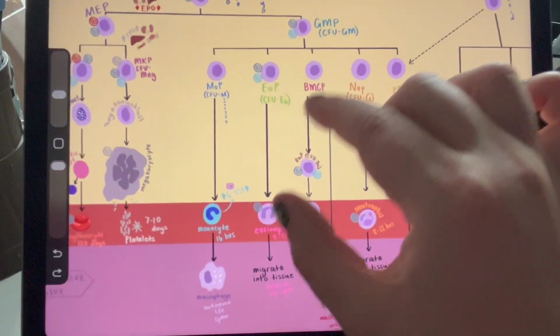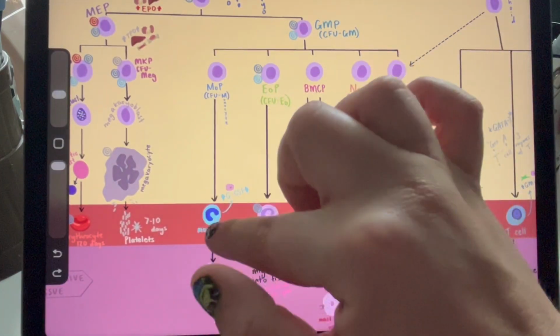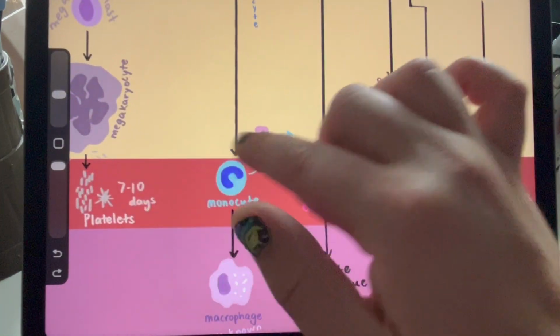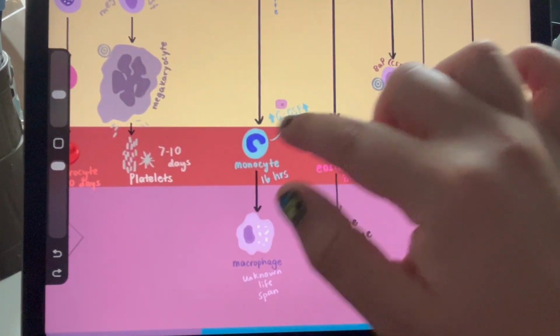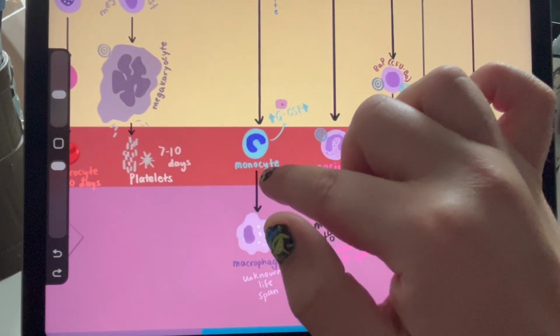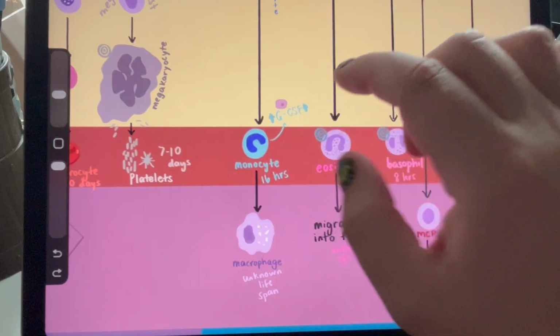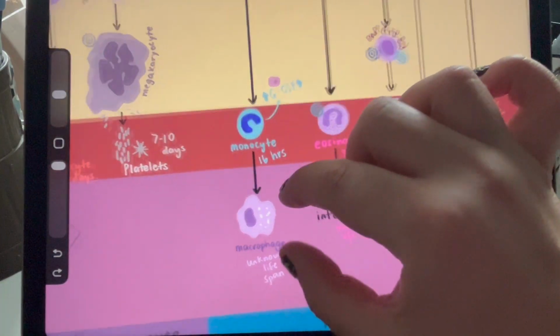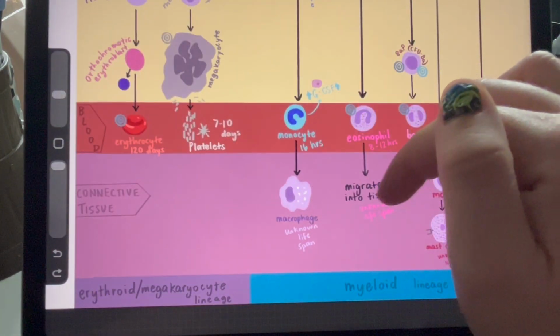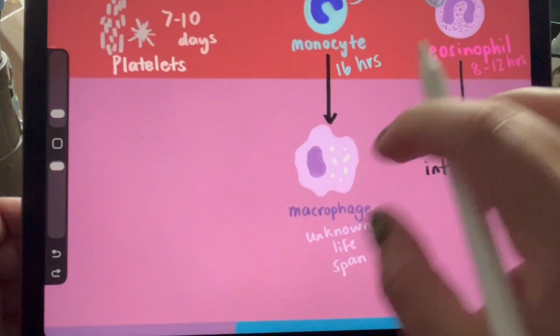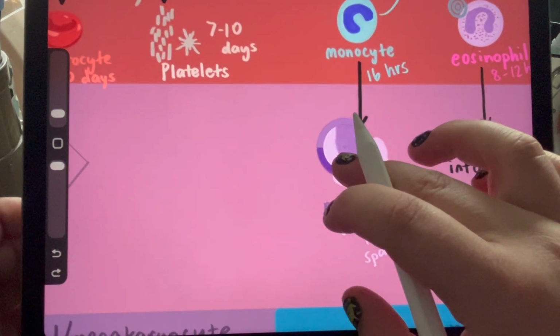monocyte progenitor. So we've got the one monocyte progenitor going obviously into monocytes, and it's going to release that growth factor if needed. The lifespan of a monocyte is actually only 16 hours, and it moves into whatever connective tissue. We've got different macrophages that are specific to certain tissues.